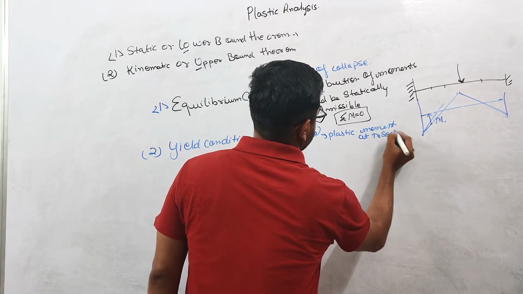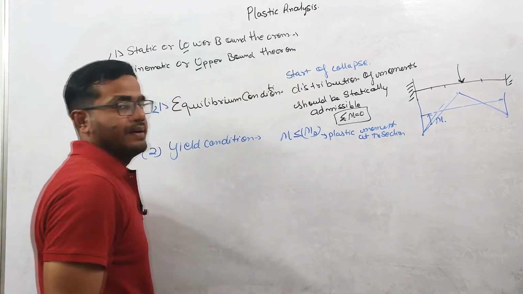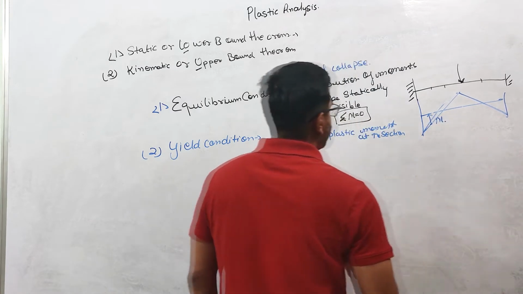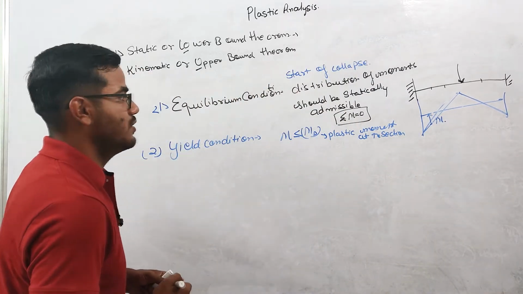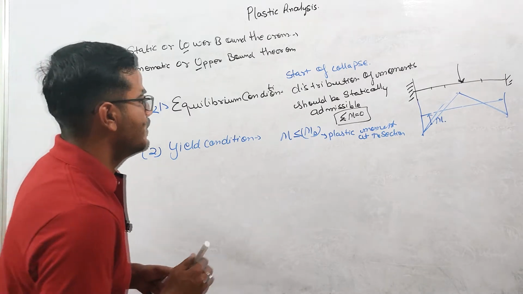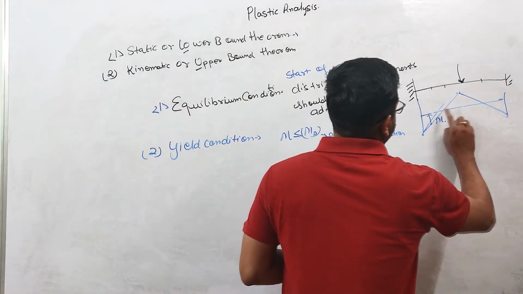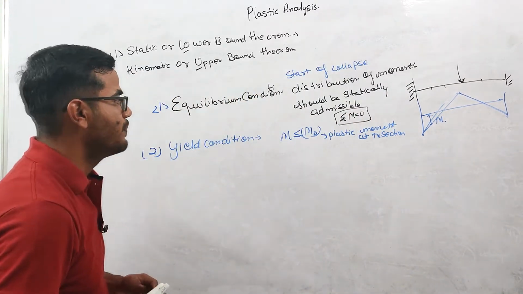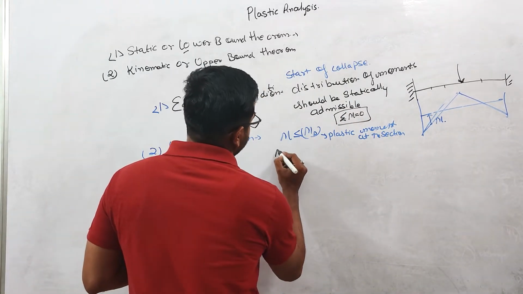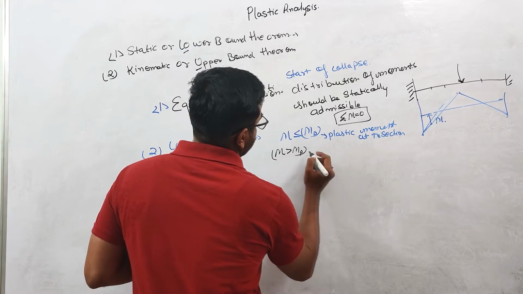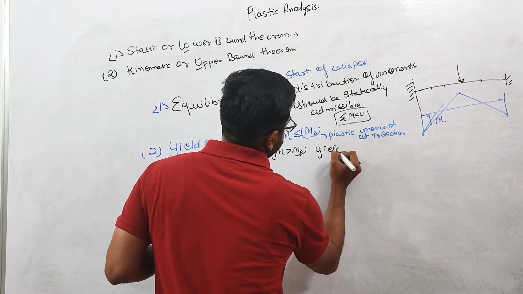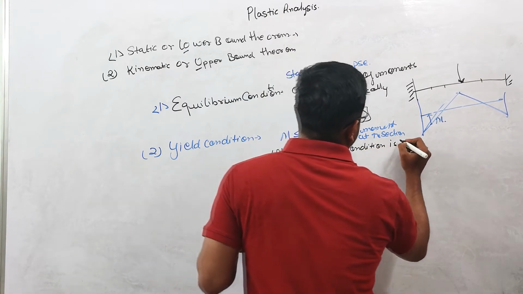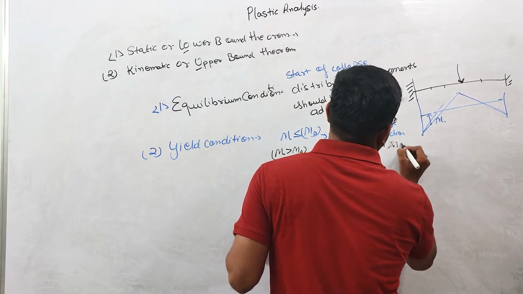So the bending moment cannot exceed the plastic moment capacity at that point. This is our yield condition. If M is greater than Mp, then the yield condition is violated.